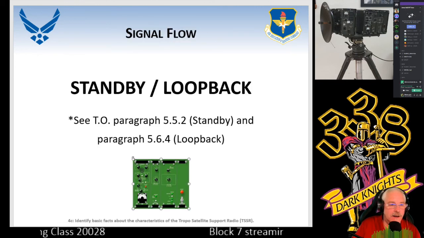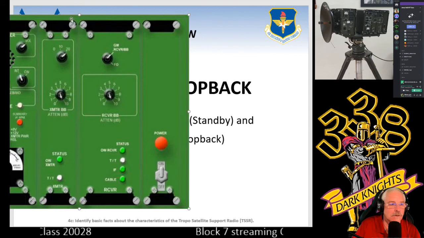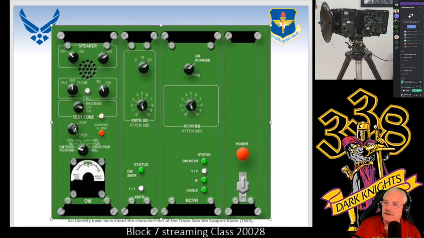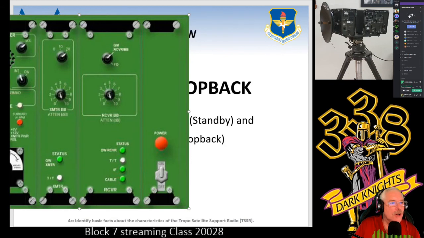Well, let's go back here to our front panel. See our standby operate switch on our OW LRU next to the summary alarm? This switch is in the standby position. And standby means you're in loopback.